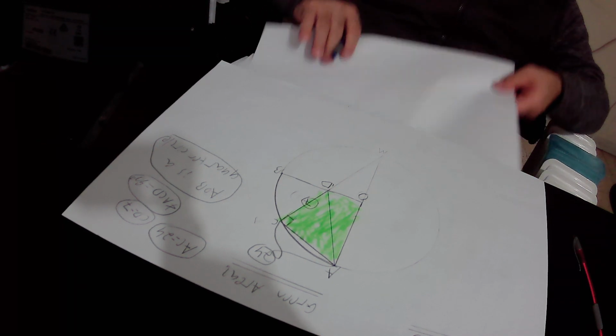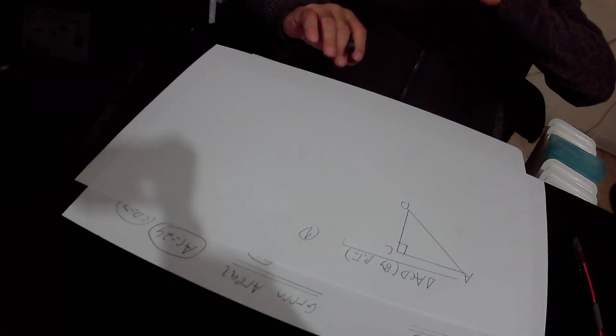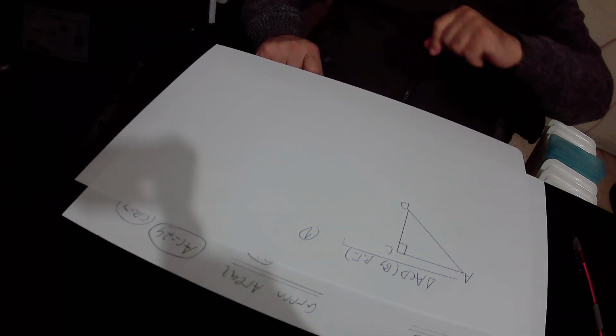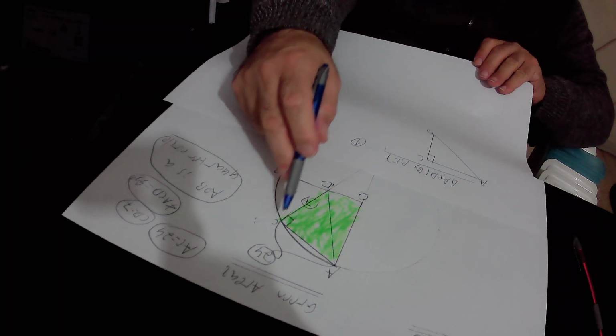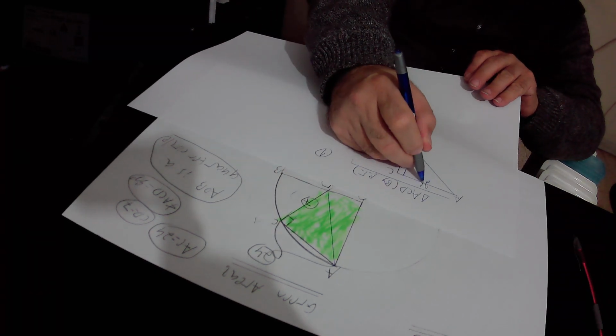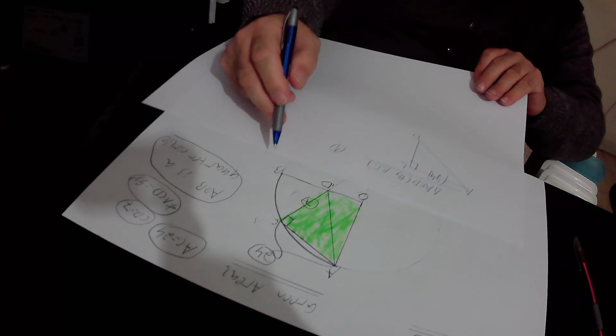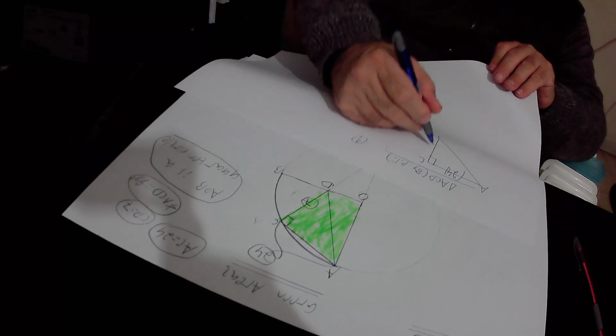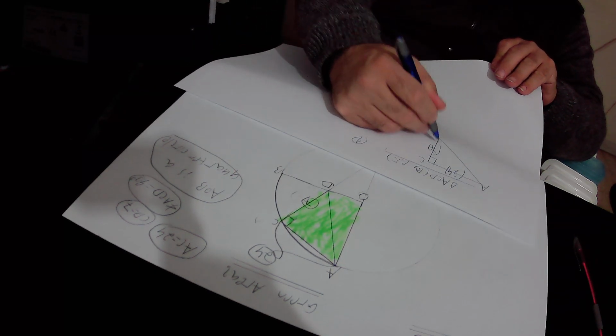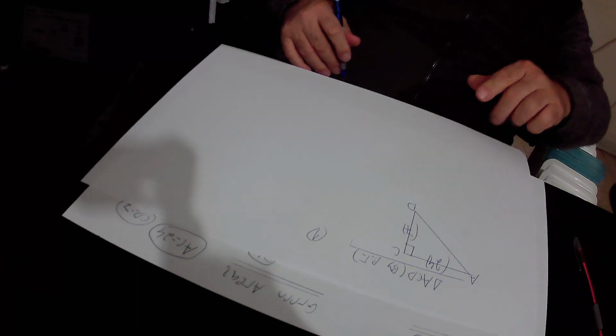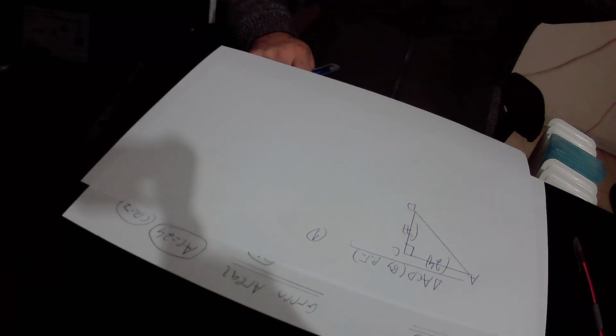So actually, this is the right green triangle that I copied from the original drawing. Side AC equals 24 units, and side CD equals 7 units. PT is the abbreviation for Pythagoras theorem.